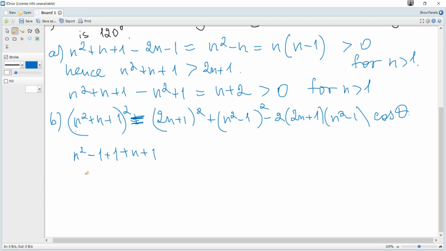And you can see it can be represented as n squared minus 1 plus n plus 2. And we can consider it as a plus b squared.